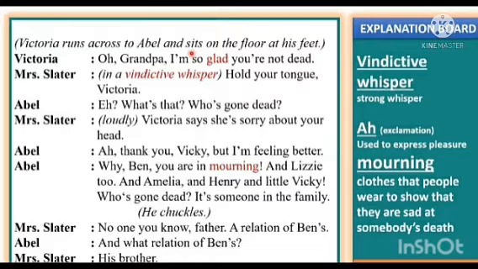So the dead person belongs to Mr. Ben. So what is the relationship between these two people? He asked his wife also. Then she says that his brother was dead. Okay, ma'am?